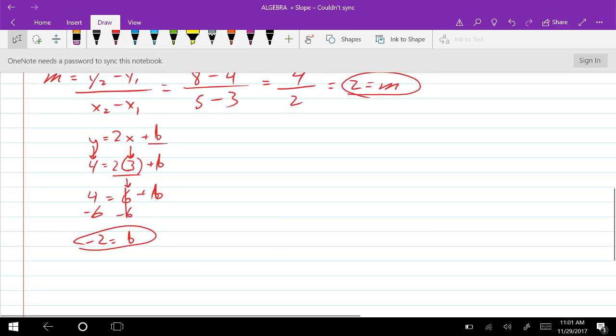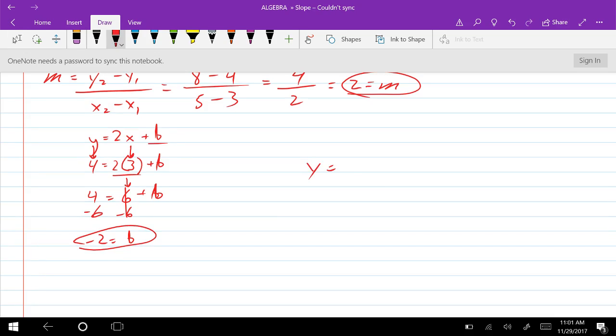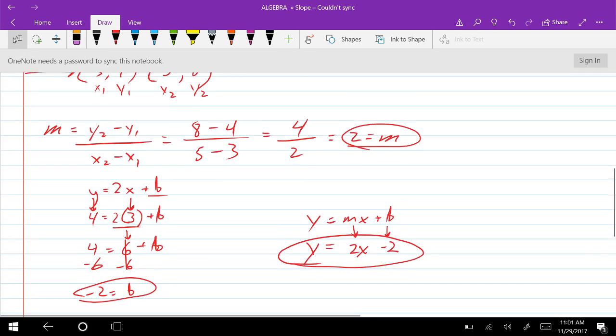So plugging it all back into y equals mx plus b, my m is 2, my b is -2, and then the y and the x can change depending on what point we're talking about. So that is the answer for part B.